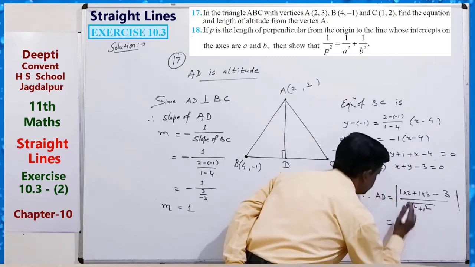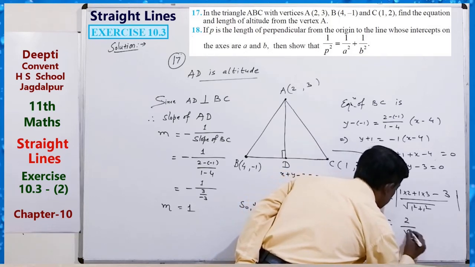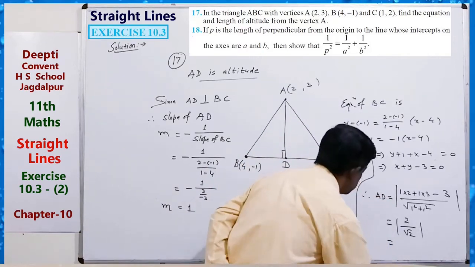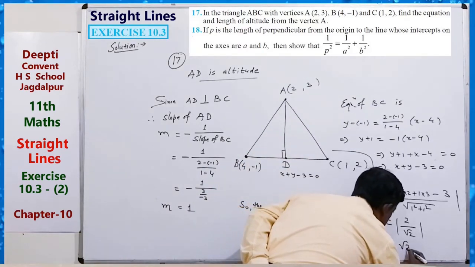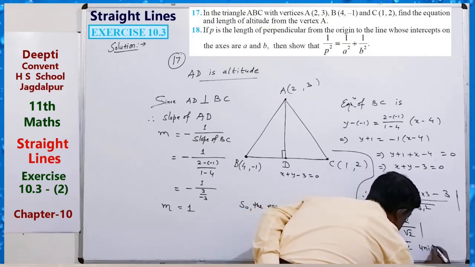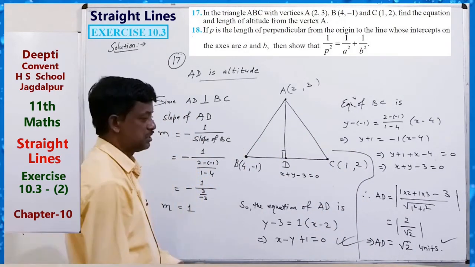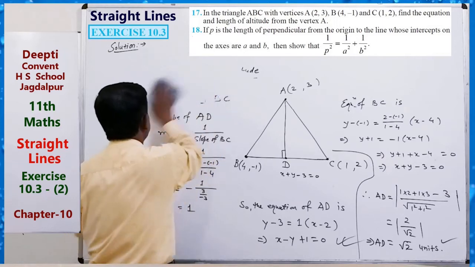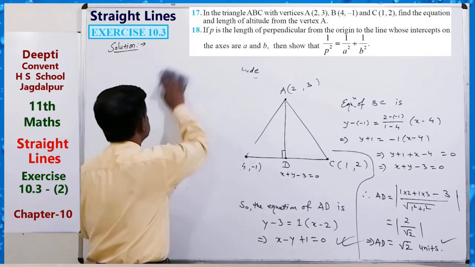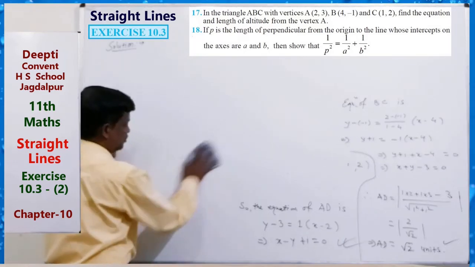So this equals 2 plus 3 is 5, minus 3, which is 2, by root 2. So the distance is root 2 units. So AD is root 2 units. Okay, this is question 17. Now the last question, that is 18.